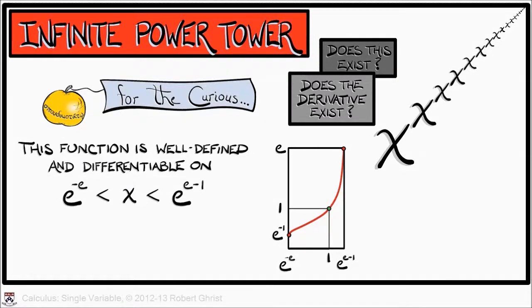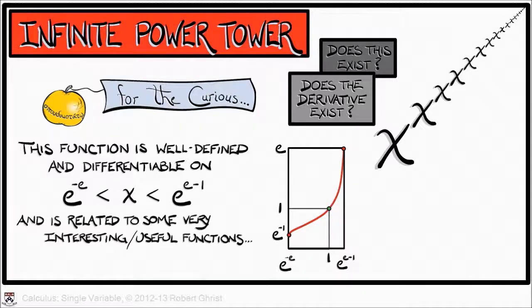But what is perhaps a bit more surprising is that there is some interval around 1 where this function can be analyzed, where its derivative can be computed. You could talk about its Taylor series, etc. In fact, this infinite power tower is related to some very interesting and useful functions, functions you won't normally see in an undergraduate class.